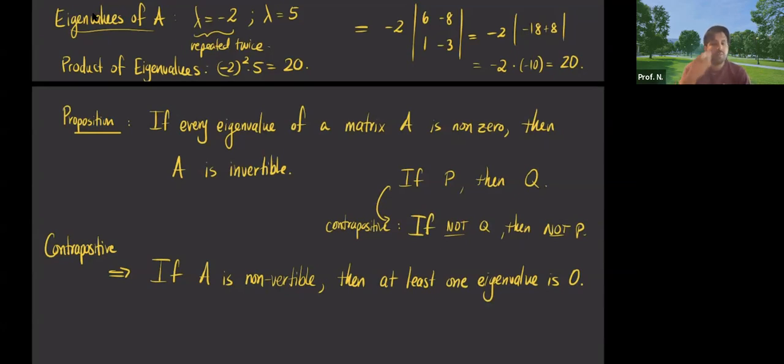So if my eigenvalue were 0, or at least one of them, it would be a non-invertible matrix. Sorry, I spelled non-invertible wrong.